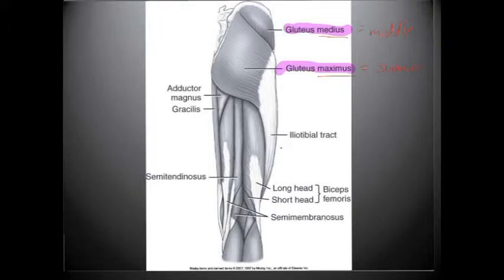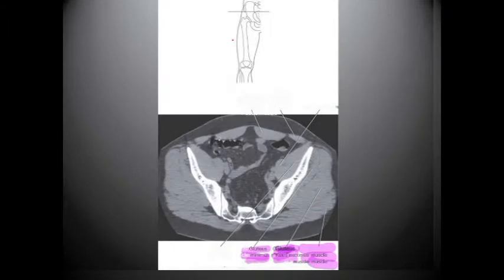And so minimus means inferior. So if we tie all of these things together, we can see that maximus is superior to the medius in this respect. We don't see the minimus here, but we can, based on the name, tell that it is actually inferior to the gluteus medius.